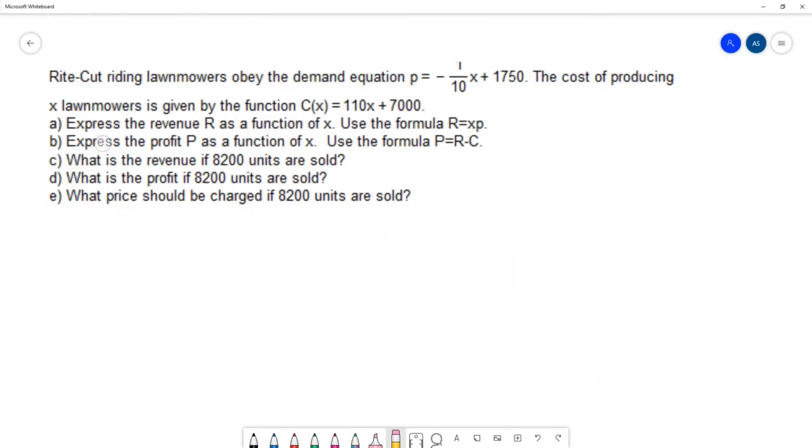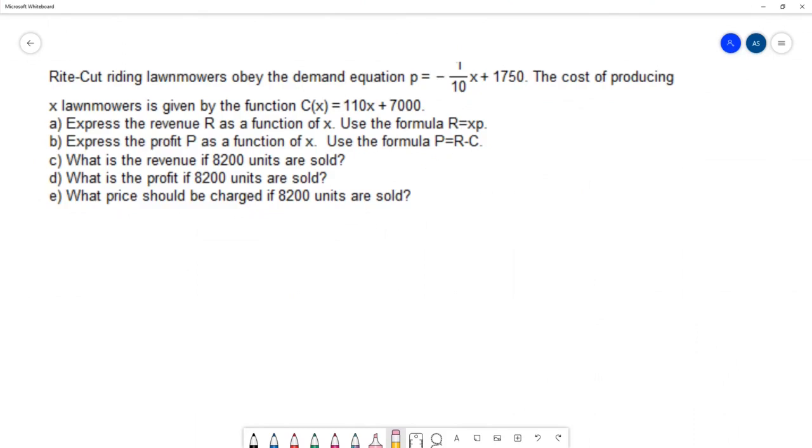In part B, we want to express the profit, capital P, as a function of x. And we're going to use another business formula. Profit, capital P, is found by using the revenue minus the cost. So we've got a lowercase p for price and an uppercase P for profit.